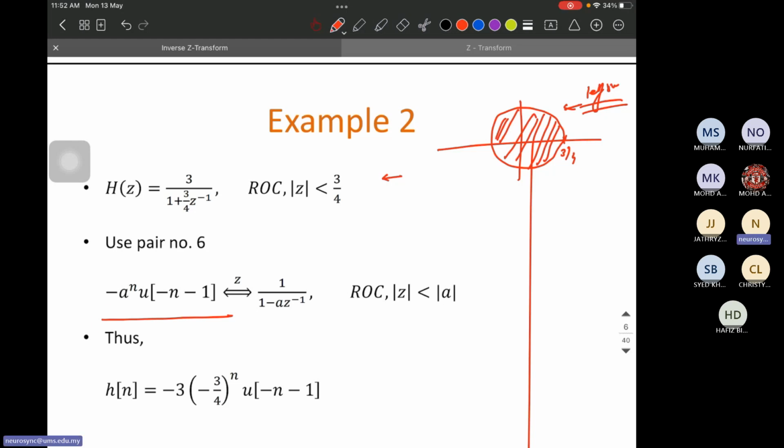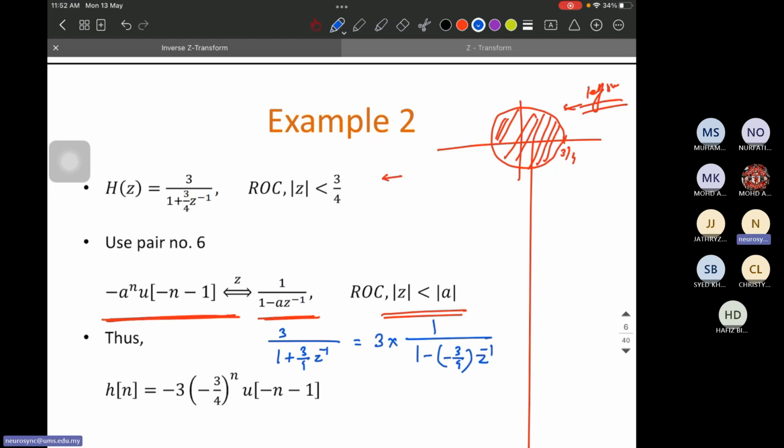So we know that the z transform of this signal is like this, where ROC is interior ROC or the left sided ROC. Now for our case, again we will split this. So we will write 3 by 1 plus 3 by 4 z to the power minus 1, as 1 minus of minus 3 by 4 z to the power minus 1.